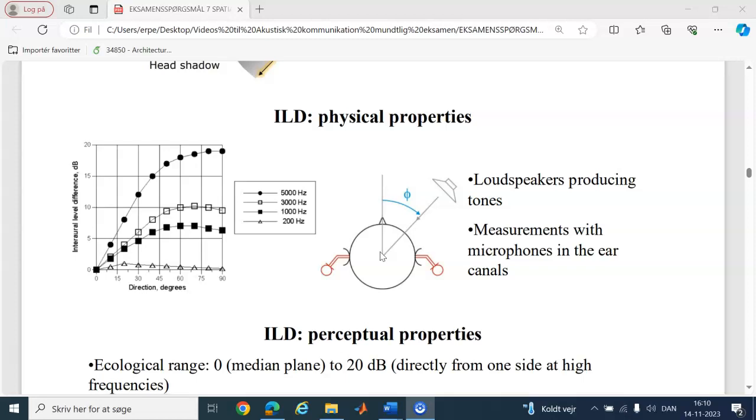It's not as big at 3000 and 1000 Hertz, and especially not for 200 Hertz. For 200 Hertz, even at 90 degrees, there's no big interaural difference. Why? Because at very low frequencies there's a big diffraction. Loudspeakers producing tones, measurements with microphones in the ear canals.